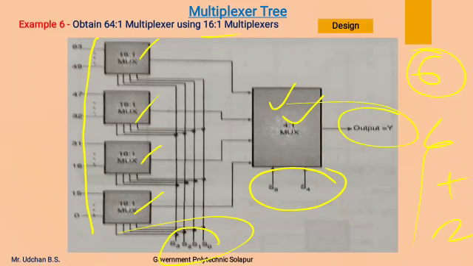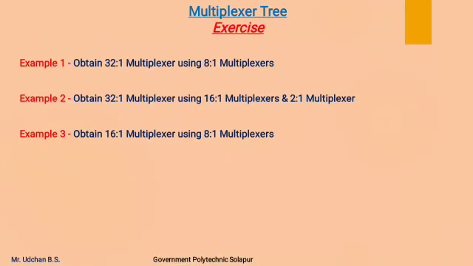Now these 2 select lines, S5 and S4, are going to select any one of the outputs of these 4 multiplexers and give a final output Y of any selected input line. This is how we can obtain a 64:1 multiplexer using 16:1 multiplexers.